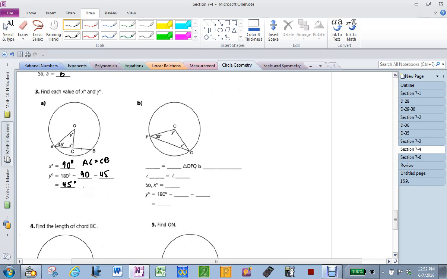B. What do we know about B? What do I know about that and that? OP equals OQ. Why? Because they're radii. Since those two are the same, I have a triangle with two sides that are the same. What do we call that special triangle? Isosceles. Which means, of course, that angle P must equal what angle?